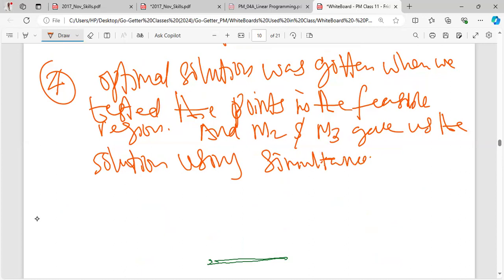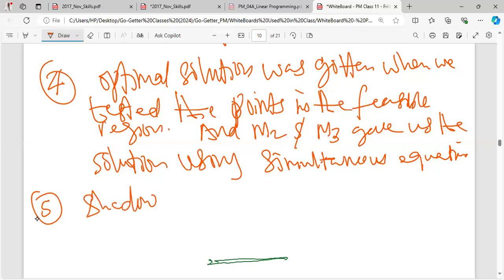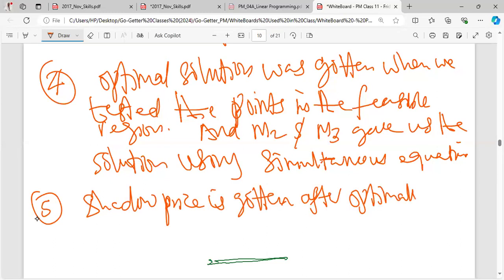Then 5, shadow price is gotten after optimality is obtained.